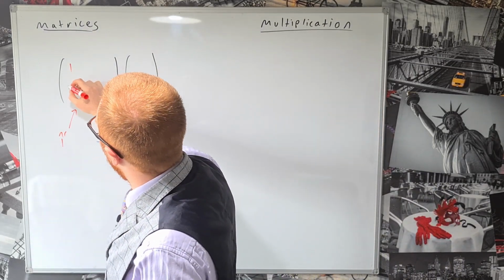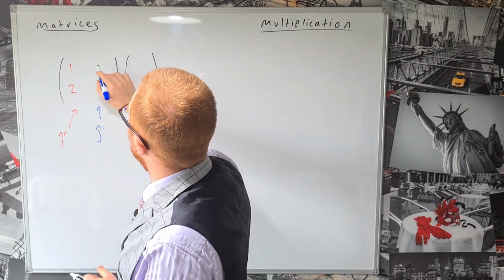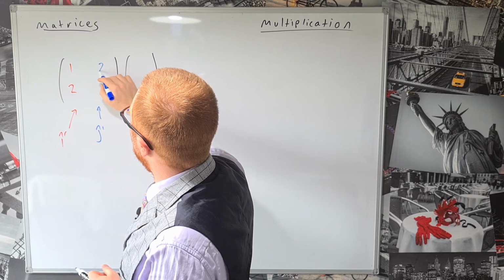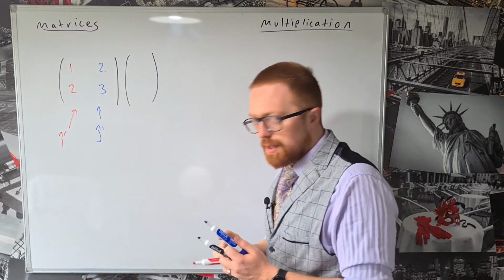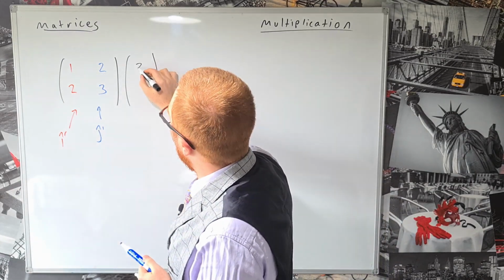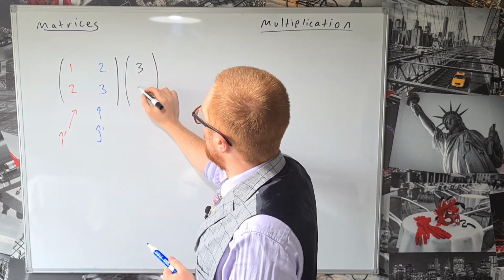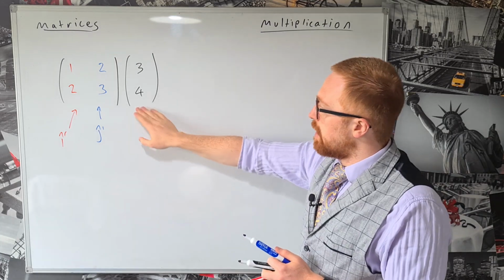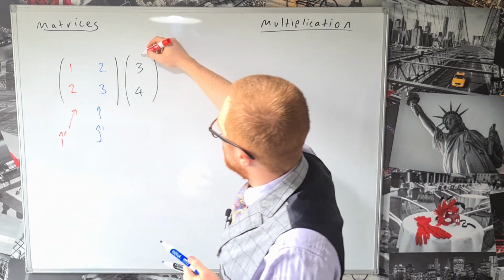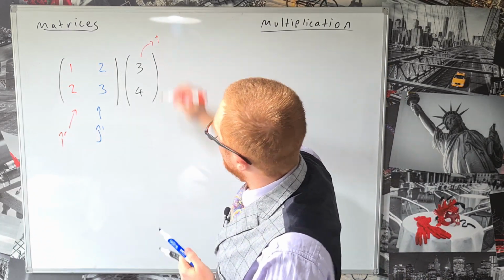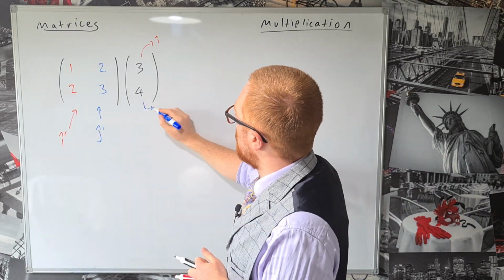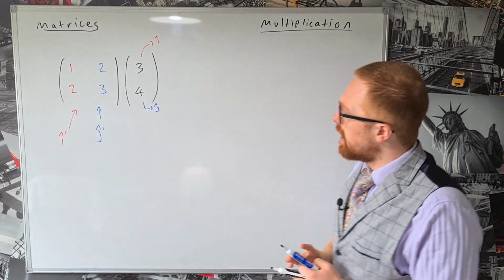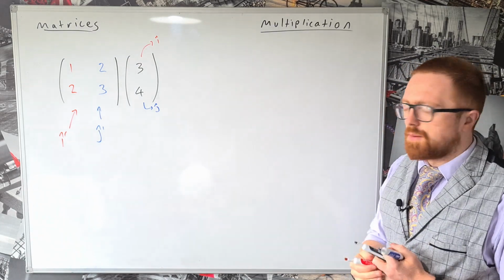Let's look at 1, 2, and 2, 3. And you'll also recall that if we have the vector 3, 4 before the transformation, that just means we've got 3 i hats and 4 j hats. Okay, so that's setting up the problem.